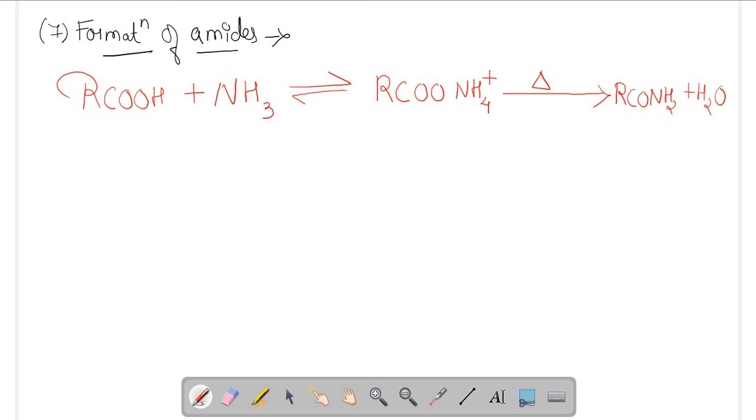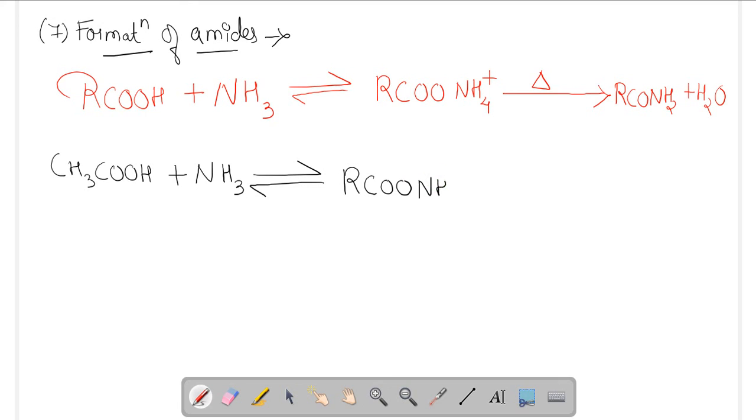So some examples can be taken: CH3COOH plus NH3. An adduct compound, that is RCOO NH4 plus, will form.